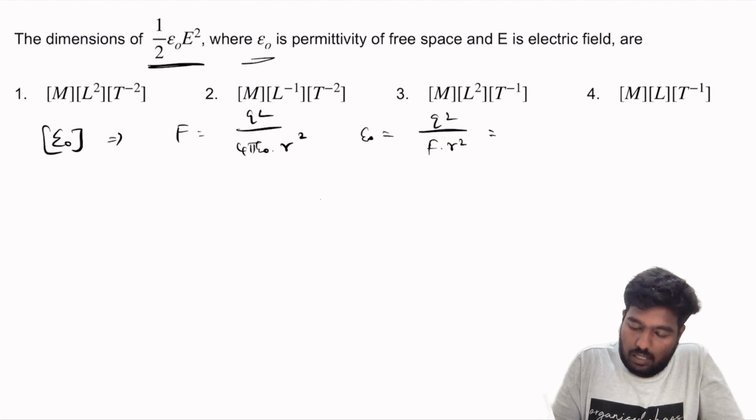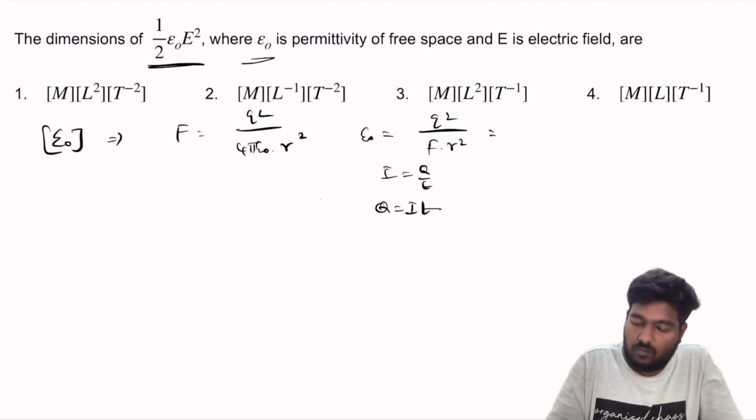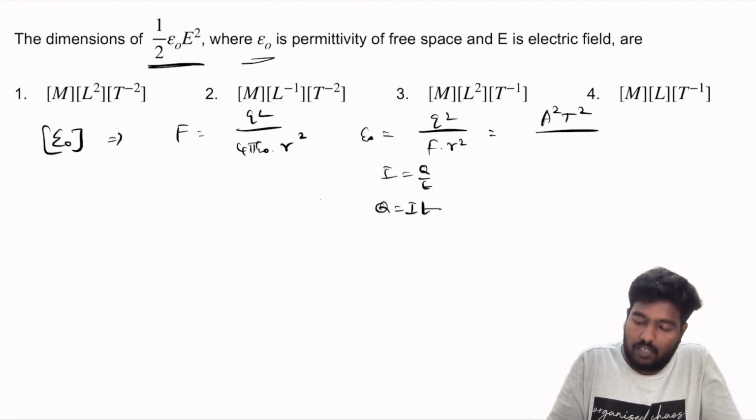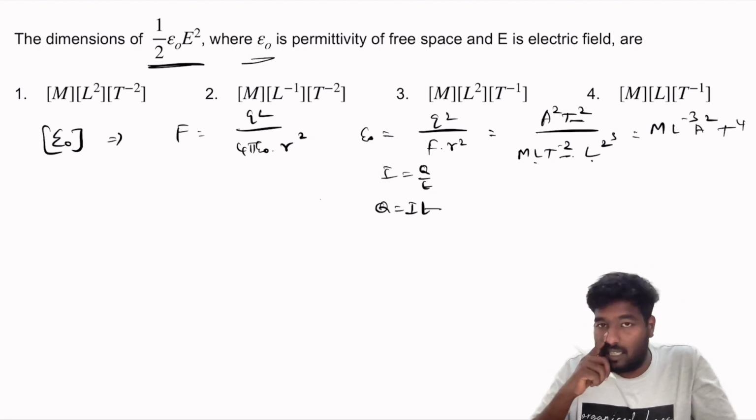I is Q by T, we know that Q is I into T. So this goes like I square T square, which is ampere square into T square, divided by force, which is M L T power minus 2, into distance, which is L square. So finally you will get L cube in the denominator, so L power minus 3, M inverse. A square, T power 2 and T power minus 2 gives T power 4. So M inverse L power minus 3 A square T power 4, that's your epsilon naught dimension.